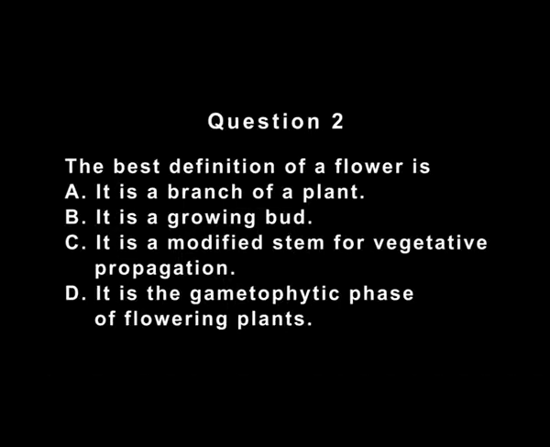Now, this question is demanding that if you're asked to define a flower, how will you put it? A, a branch of a plant, does not explicitly tell us what a flower is. And B, a growing bud. A flower cannot be a growing bud.